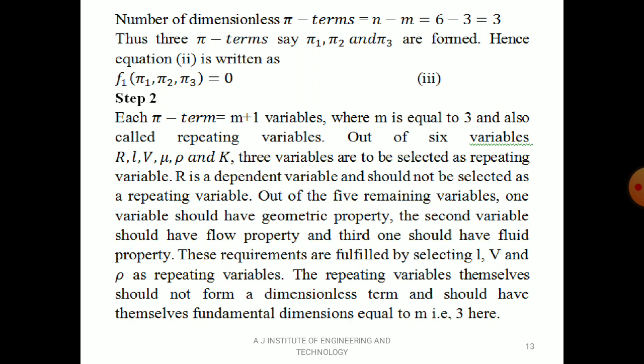These repeating variables themselves should not form a dimensionless term. You can see the dimension of L is L only, V is L T to the power minus 1, and rho is M L to the power minus 3. Upon clubbing together, we are not going to get M to the power 0, L to the power 0, T to the power 0. So that is proper.